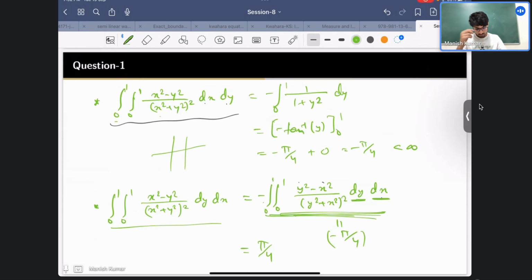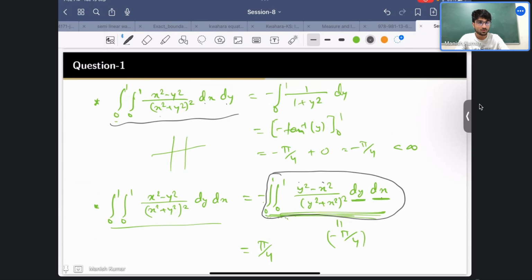Sir, we are just changing the variable. You are talking about this one? Yes, sir, the second integration, dy dx. Yeah, you can consider it as a change of variable, but what I am saying is that this y and x are just a notation, right?